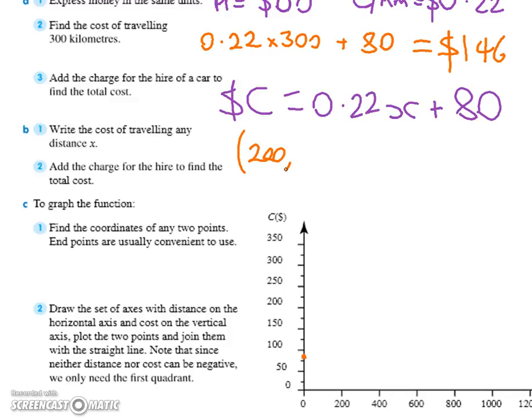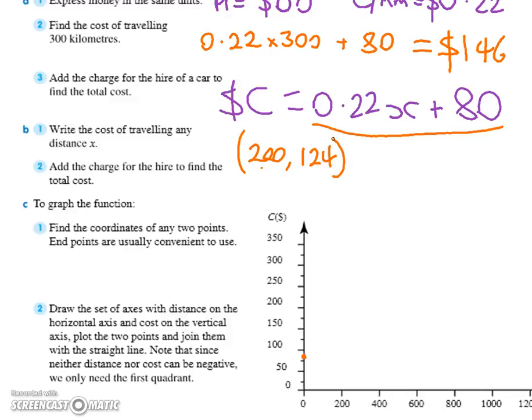Here's your formula. You're substituting in your x value. So it would have been 44 plus the 80. So that's 124. So that's your second point.